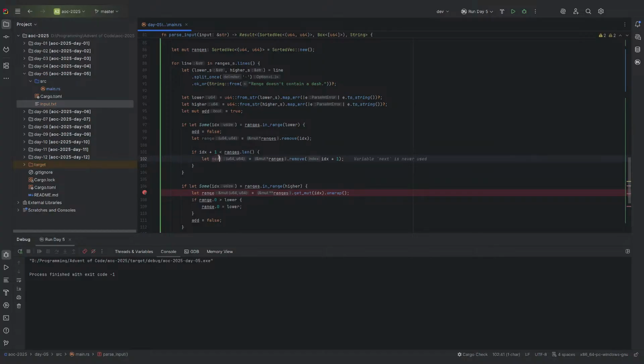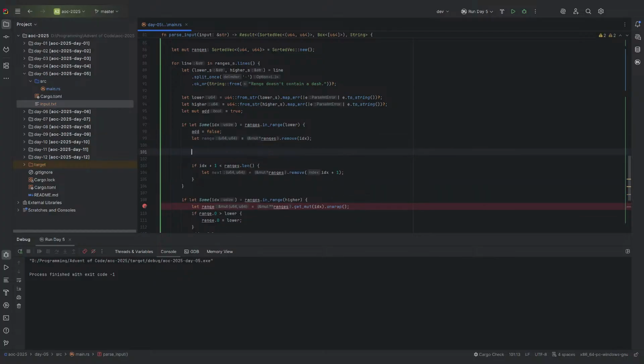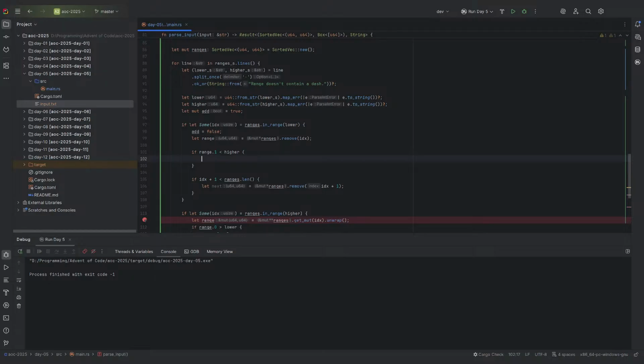So if this, there might be a next vector. So in this case, the lower bound is in this range, so I want to extend up.